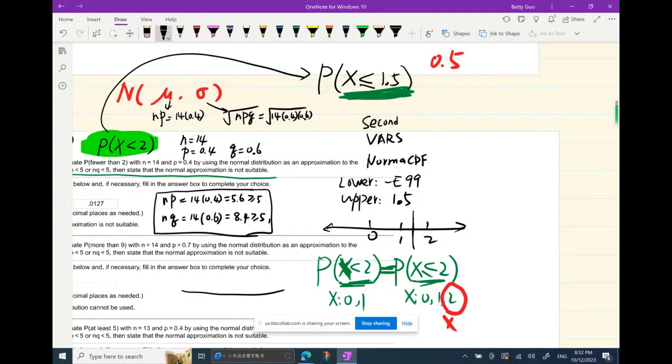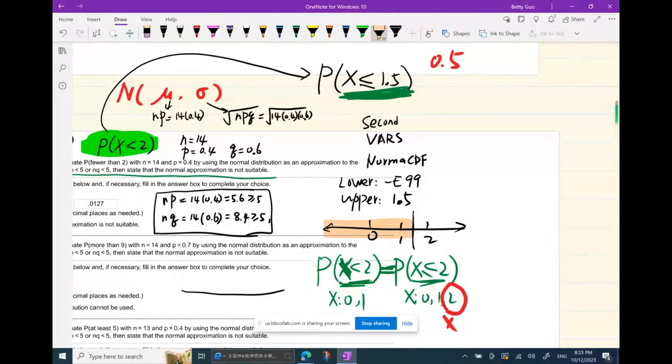If the calculator knows, okay, for a continuous random variable, you are looking for the probability of the variable less than or equal to 1.5, then you know the corresponding discrete random variable only assumes 0 and 1, not including 2.